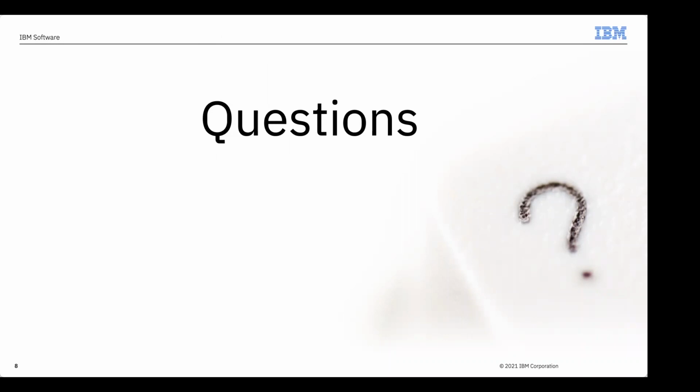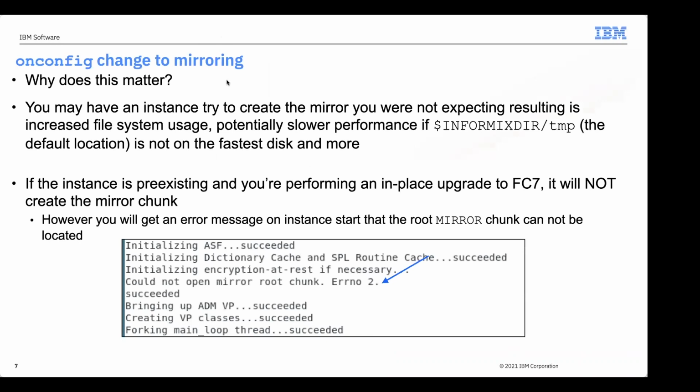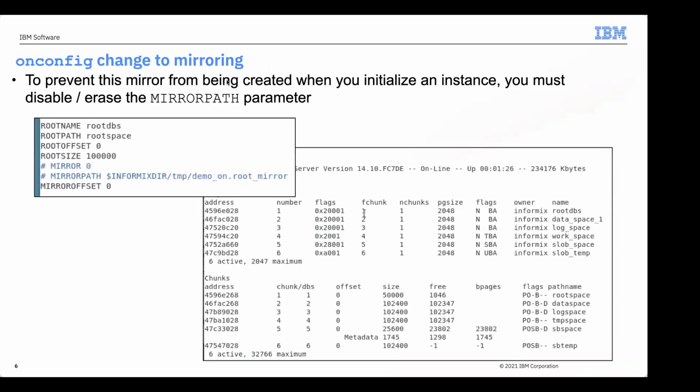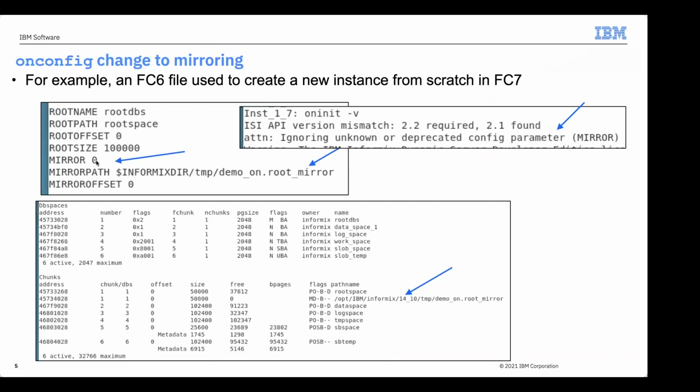So in FC6, as I said, let me go back here. In FC6 and earlier you had the mirror parameter here. And if you turned it off, as this is, then this parameter was ignored completely. Well, in FC7, this is gone. So if there is any value in mirror path, the instance will try and use it.